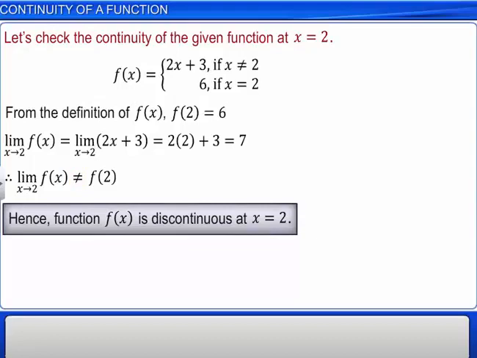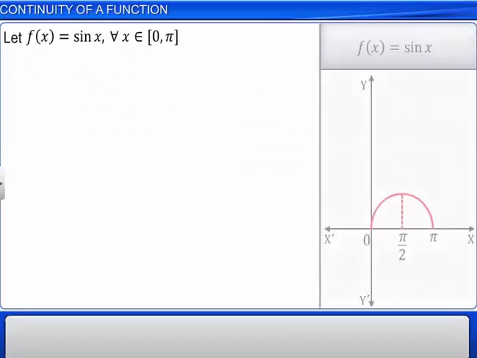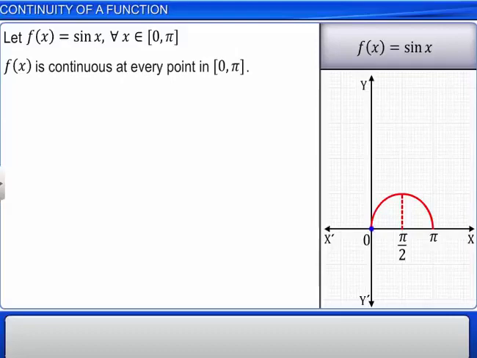Let's now check the continuity of the function f of x equal to sin x in the closed interval 0, pi. The graph of the function in the closed interval is shown. It is clear from the graph that the function is continuous at every point that lies between 0 and pi.